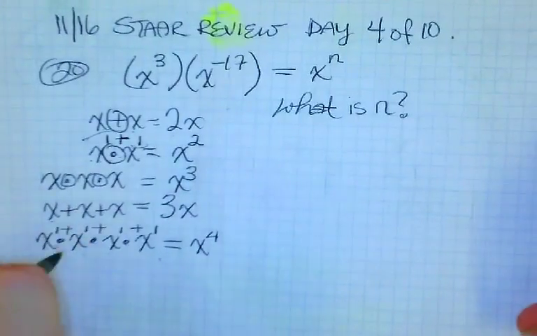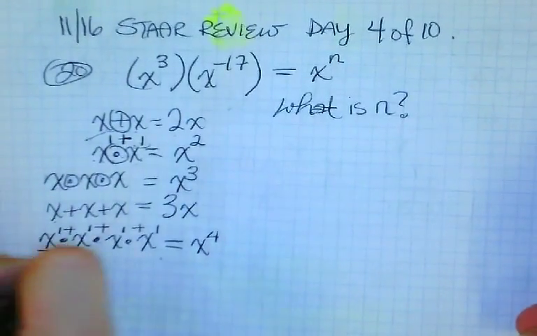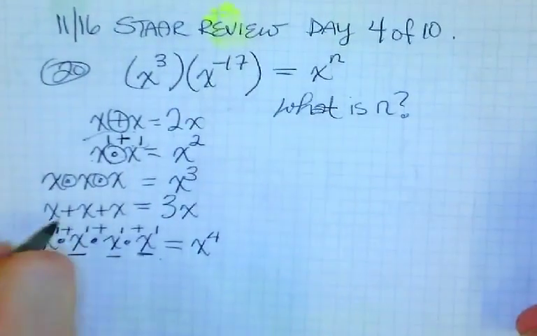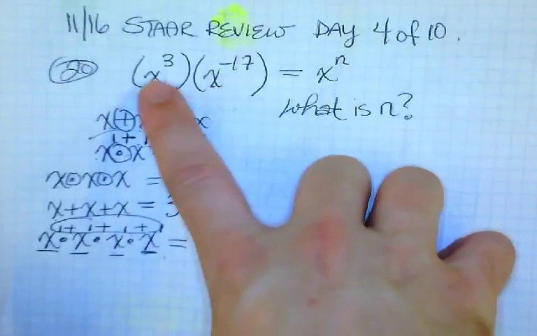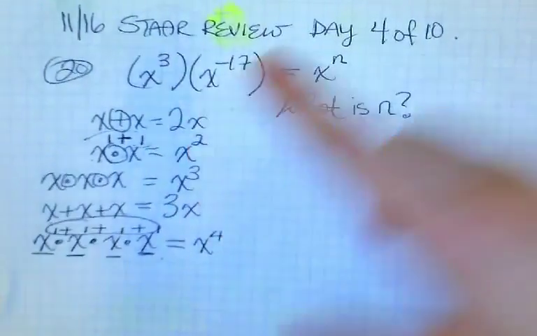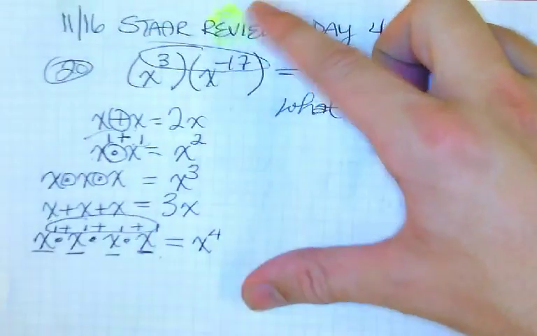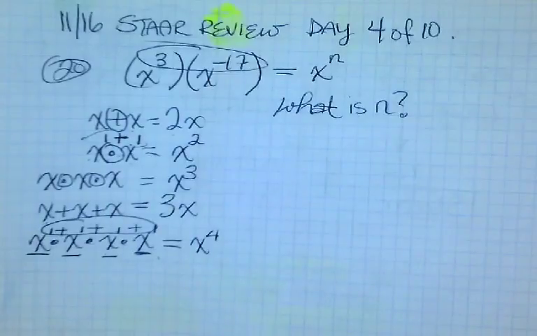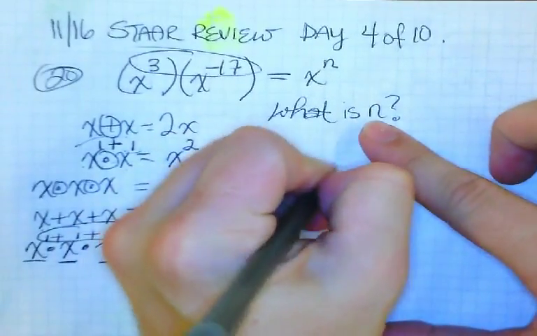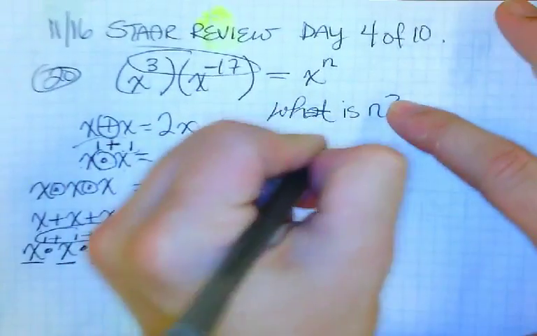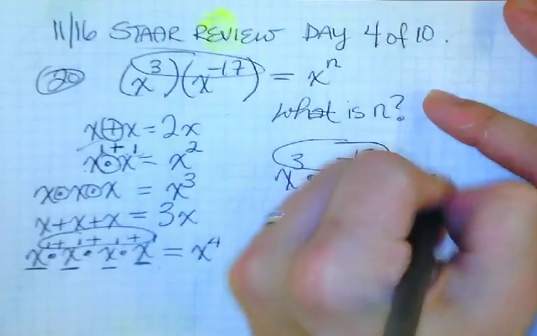So John, what are we having to do? If they allow us to multiply our bases, what are we having to do with our exponents here? We're having to add them up. So if we have to multiply x times x, we can just add up our exponents, right? So that's the only thing we need to do for this problem: we have x to the third times x to the negative 17, and we use this pattern as our answer.